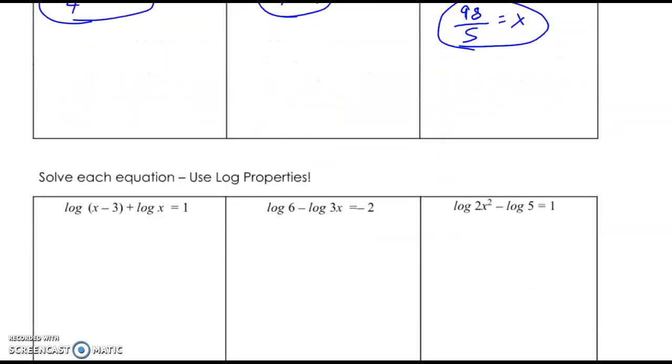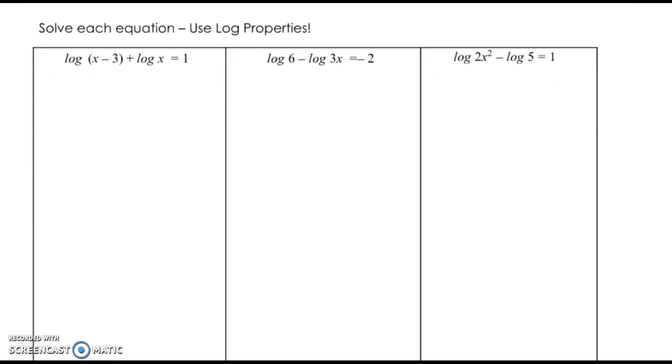Okay, this time we've got to use kind of what we did just now, but also the logarithm properties. So if I take a look at this, I first have these two logarithms that are being added, but they both have the same base. If there's no base, it's a 10. So I can rewrite these as one single logarithm. And then I'm not going to keep it as an addition problem. I can change it to a multiplication problem.